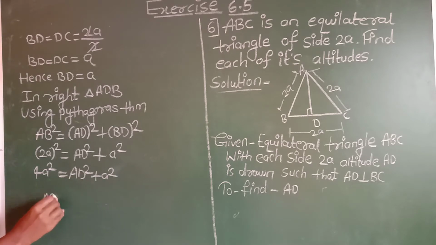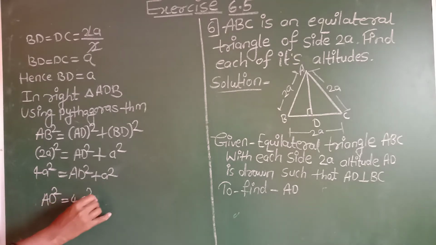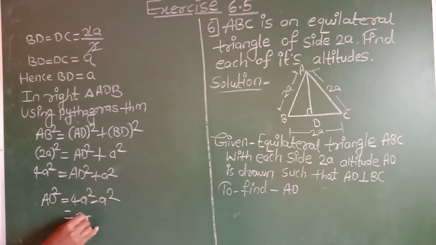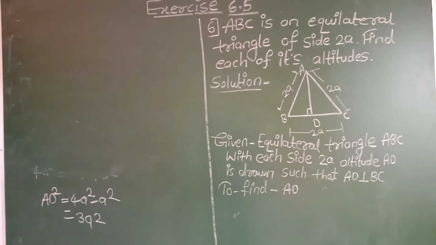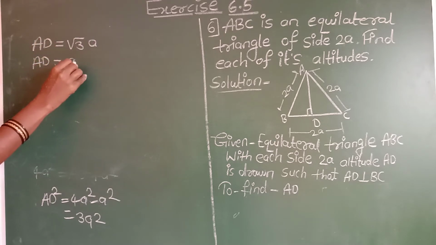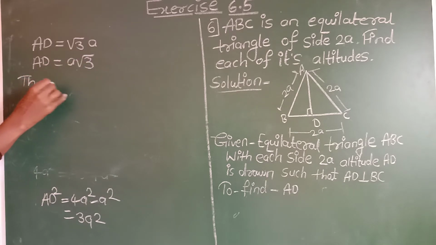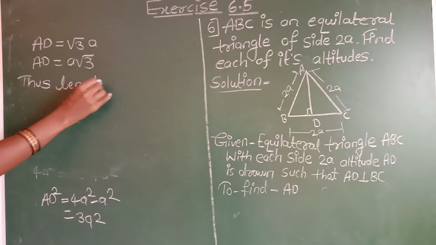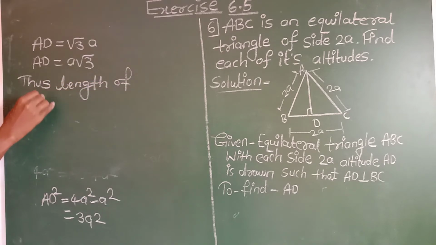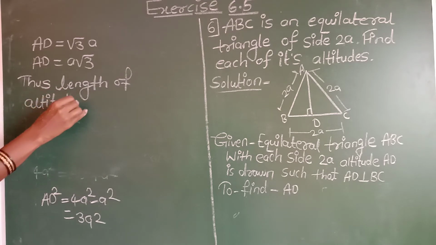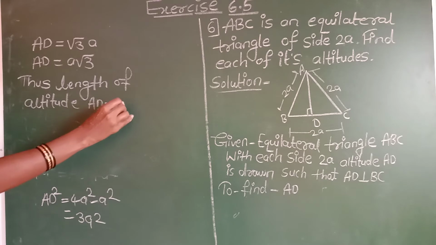AD square is equal to 4a square minus a square, which gives 3a square. Taking square root on both sides, AD is equal to root 3 into a. The length of altitude AD is a root 3.